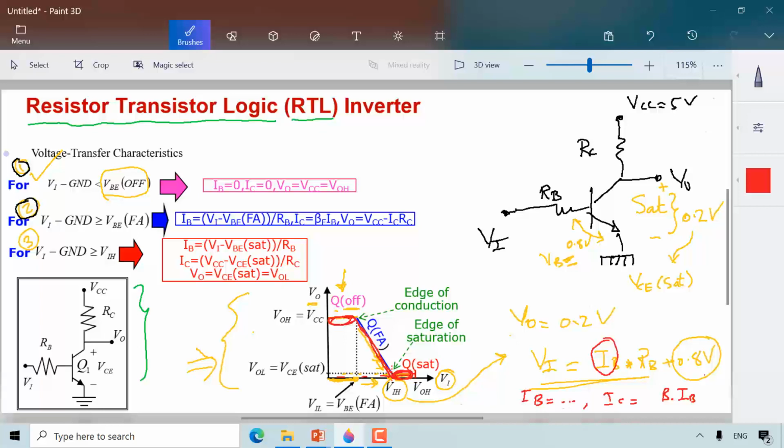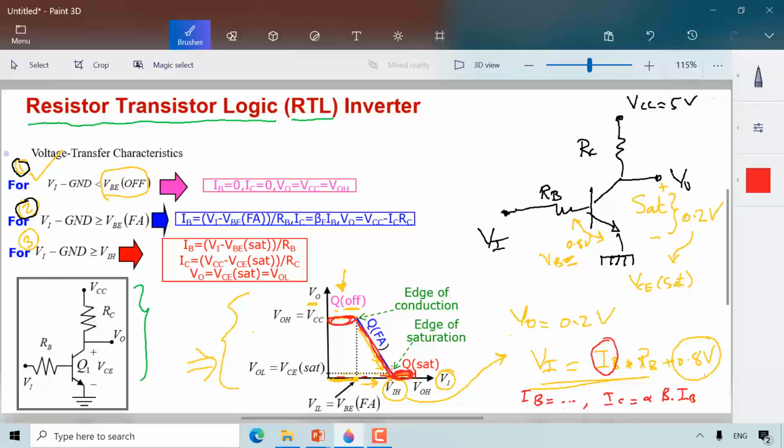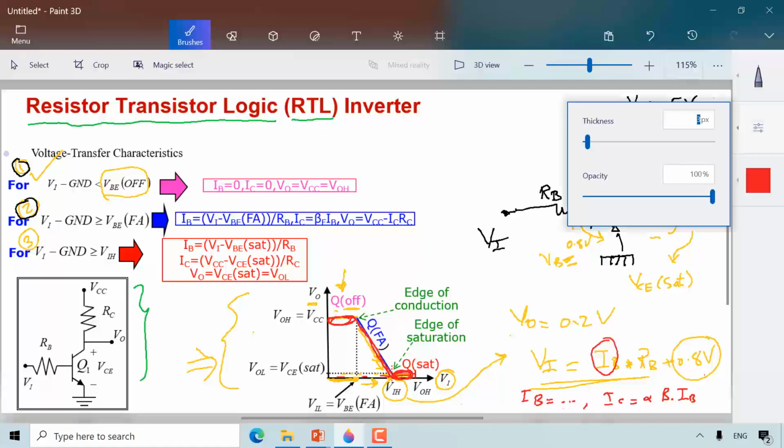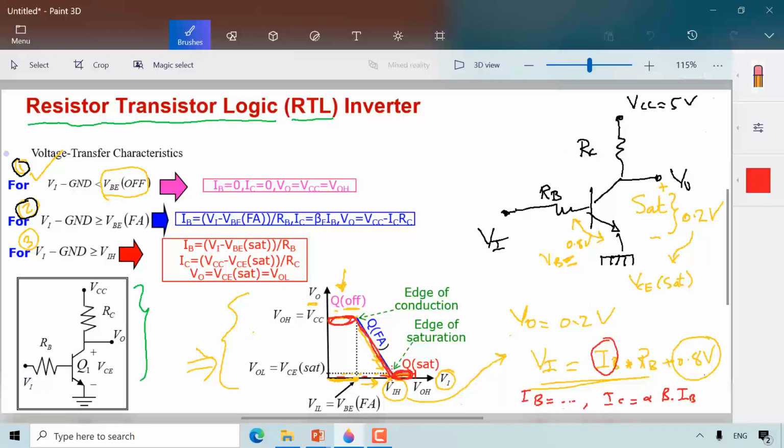Because it is in saturation, to be more accurate, especially in the saturation region, a more accurate way to compute the IC current is the following.